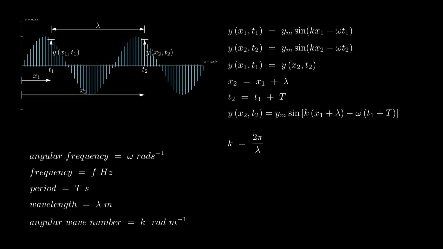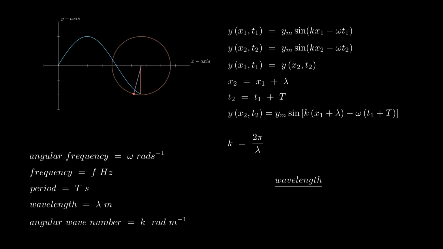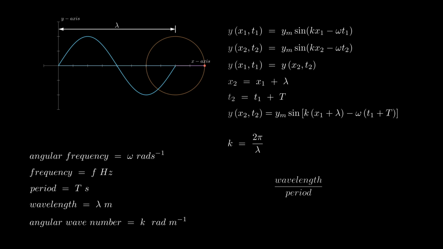In wave theory, it's widely recognized that when a wave travels a distance equal to its wavelength, it completes one full cycle or oscillation. This principle is foundational in understanding wave behavior. To grasp the concept of wave velocity, consider the time it takes for the wave to complete one oscillation, known as its period. During this period, the wave covers a distance equivalent to its wavelength.